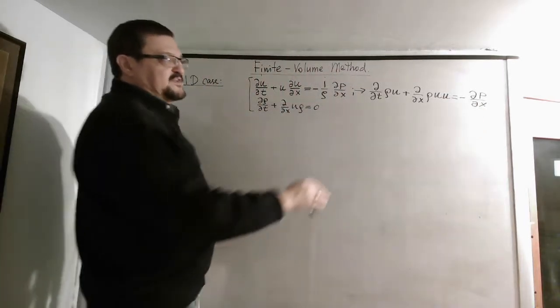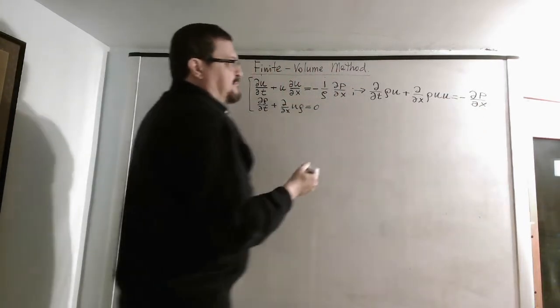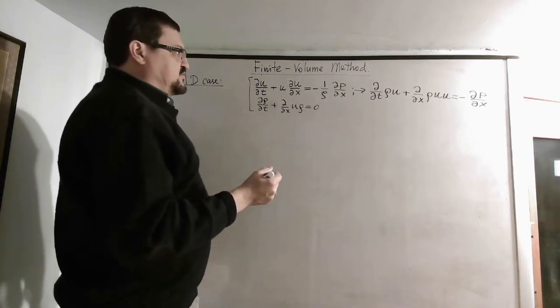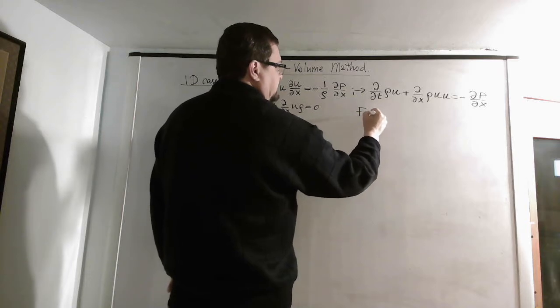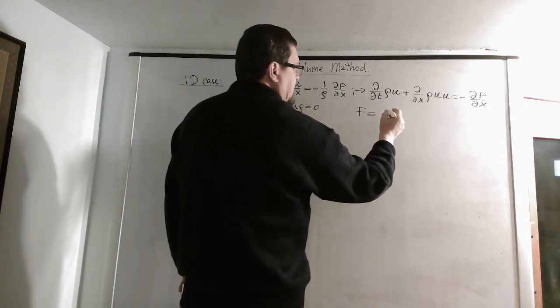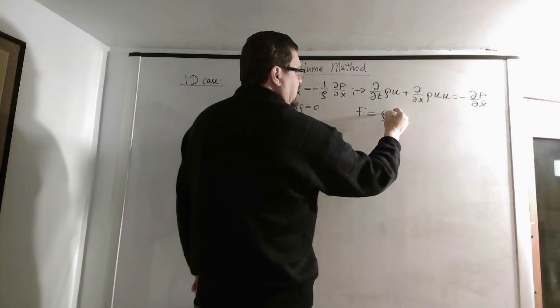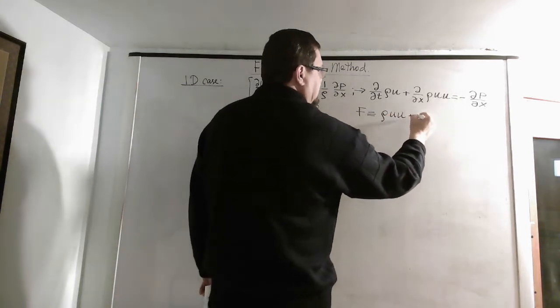So now you see it looks like flux form. So now you can actually combine it into one variable. You define some f by definition as rho u, and some flux function as rho u squared plus p.